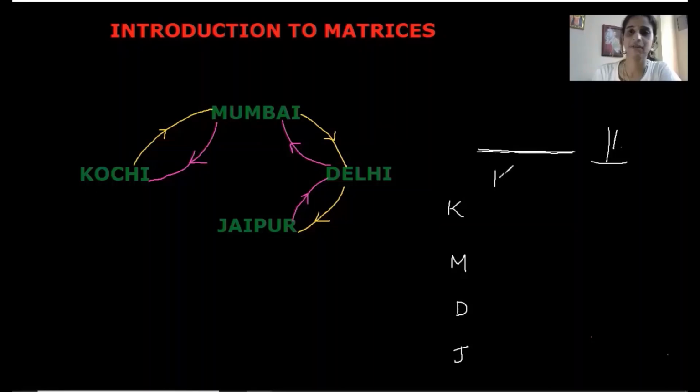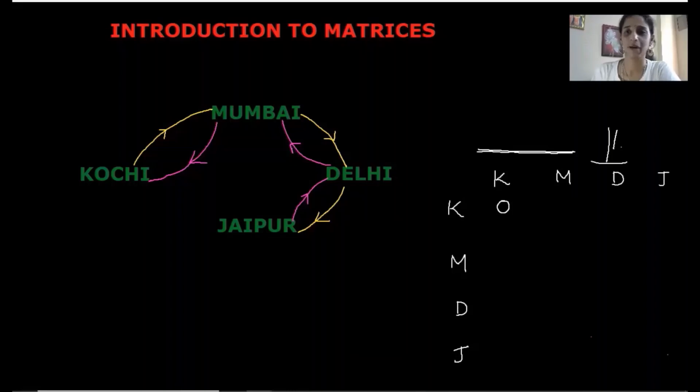And then the same Kochi, Mumbai, Delhi, Jaipur as the column names. And Kochi to Kochi, it's an absurd thing, right? There is no logic behind Kochi to Kochi, the same airport to itself. So the data, it will be 0. Okay. So the representation here will be 0.